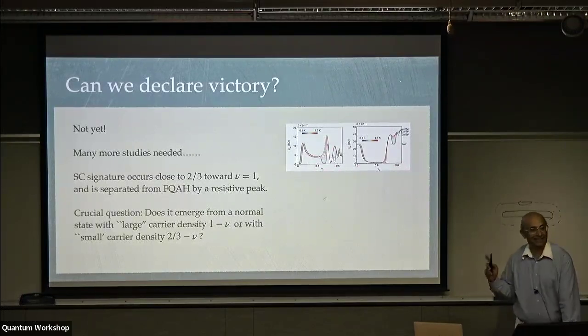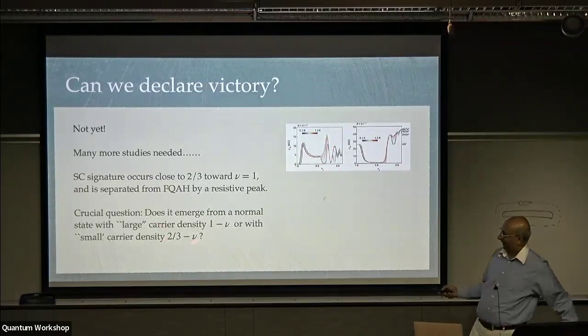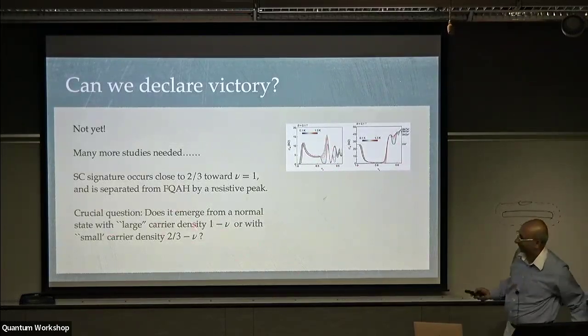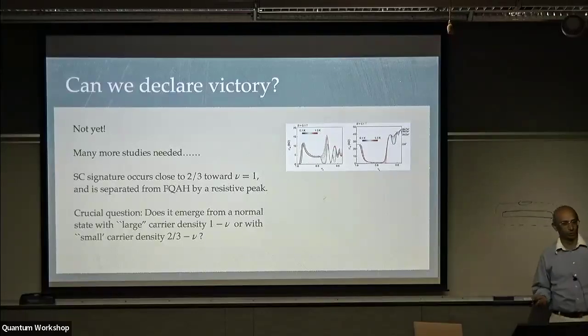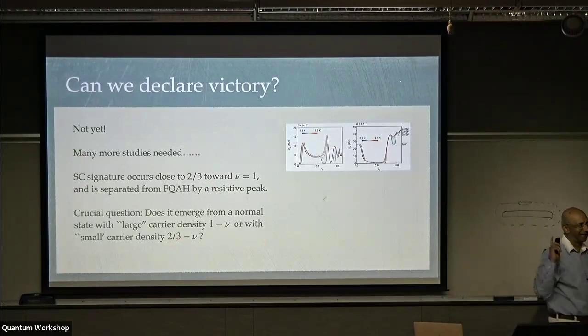What is the carrier density in that normal state? Does it emerge from a normal state with a large carrier density 1 minus nu, in which case I should really think about it as doping the band insulator, or does it emerge from a normal state with carrier density 2/3 minus nu, in which case it's almost certainly doped anyway? And it's a bit hard to extract from the existing experimental data.